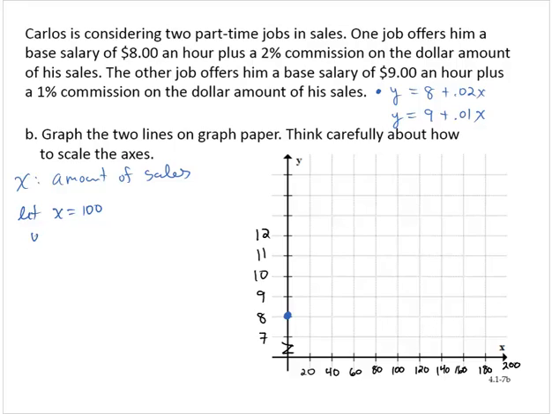Then y would equal 8 plus 0.02 times 100. So y would equal 8 plus 2, and y would equal 10. So if you make $100 in sales, 2% of that is 2, and adding that on to the hourly salary would give you a total of $10. And so then we will draw this line.